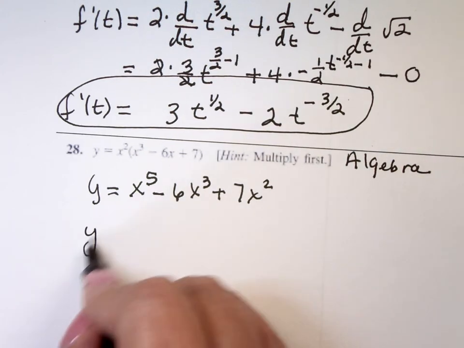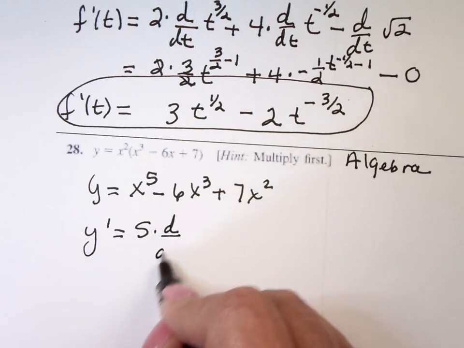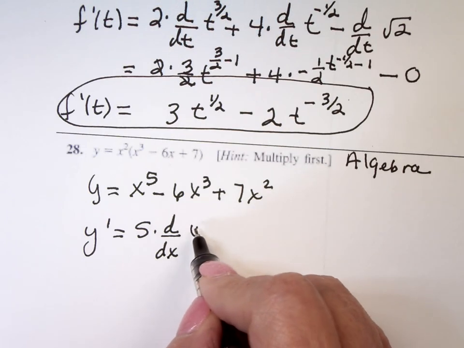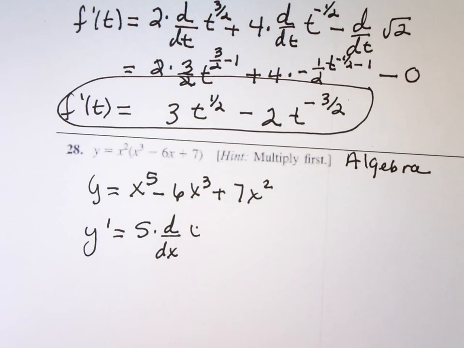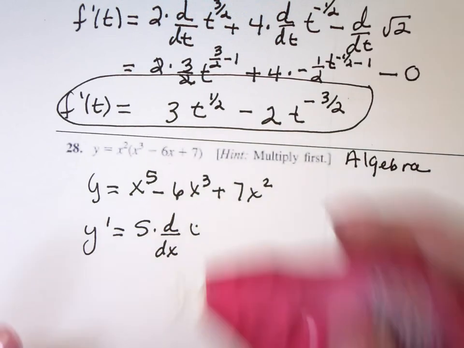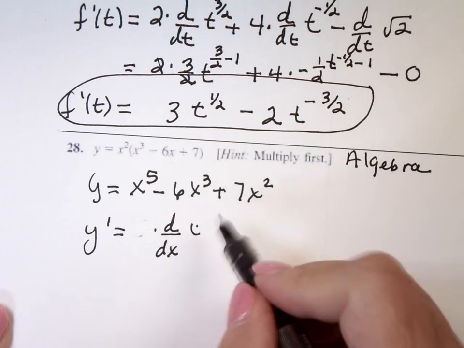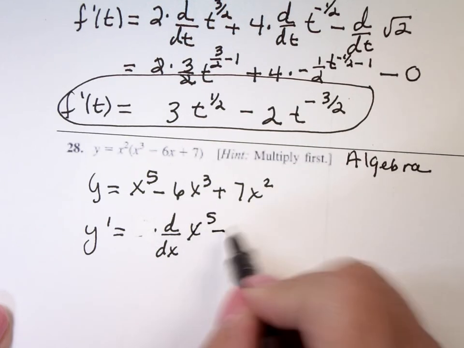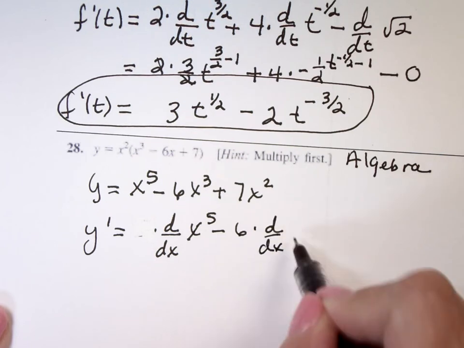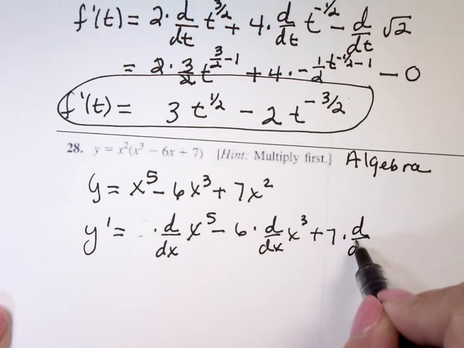So that y prime is 5 times the derivative with respect to x of x to the fifth, minus 6 times the derivative with respect to x of x cubed, plus 7 times the derivative with respect to x of x squared.